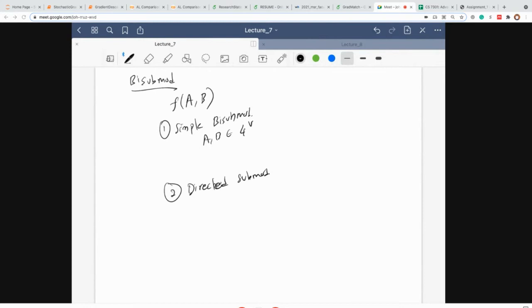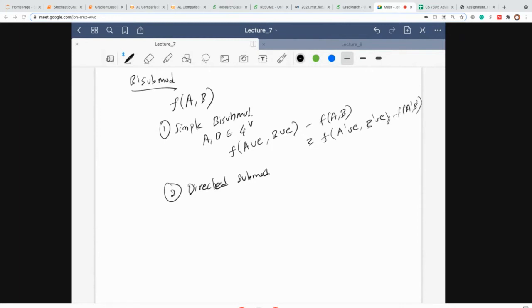In the simple case, I think the definition is that f of A union E comma B union E minus f of A comma B is greater than or equal to f of A prime union E comma B prime union E minus f of A prime comma B prime.